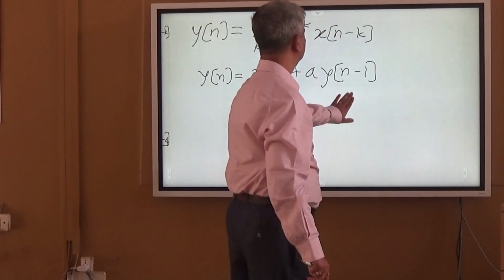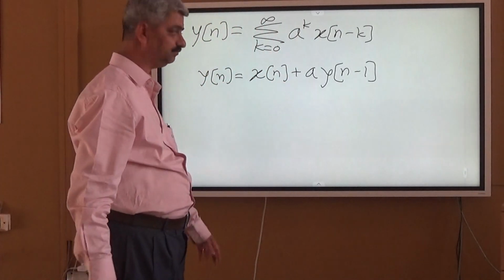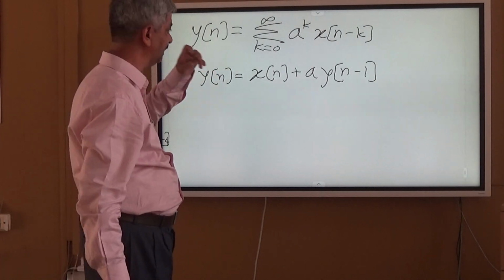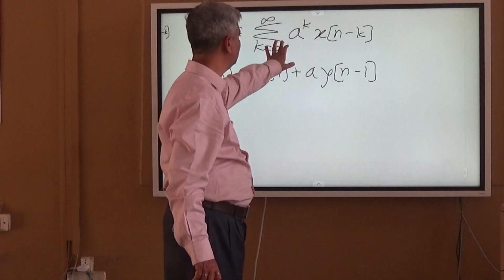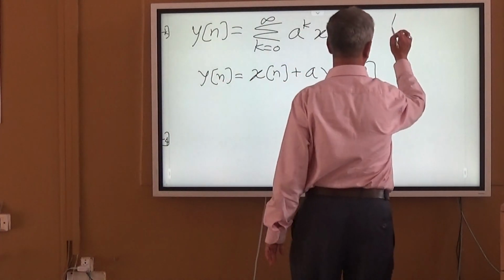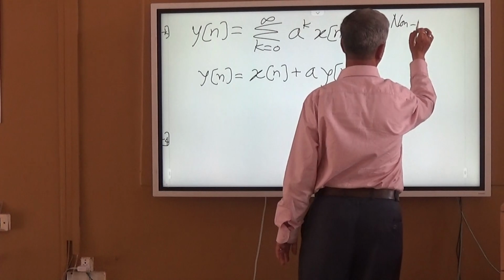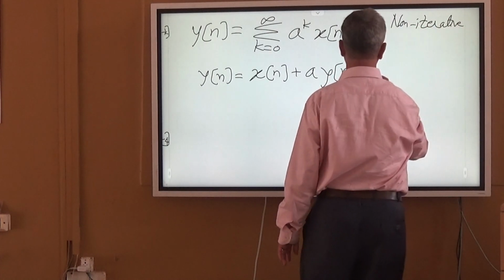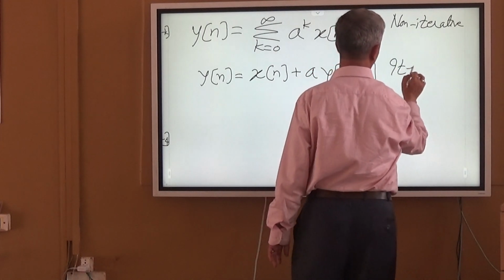Right? So they are different. These are simpler. This does not involve any kind of output, so this is non-iterative. The other involves output, so it is iterative.